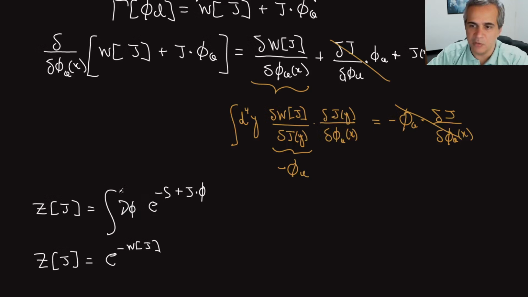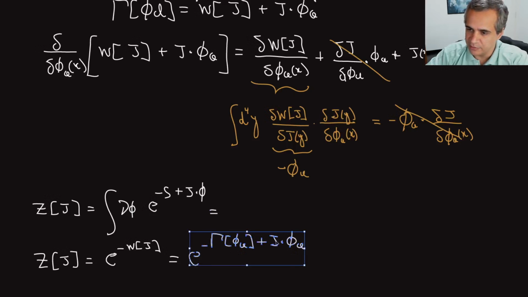So whatever conditions I'm using for the path integral, I mean periodic with very large period tending to infinity, makes this the vacuum-vacuum transition. But now I can plug that Legendre transform here to write this exponential as minus the effective action in terms of phi classical, plus J times phi classical, which I can put here.